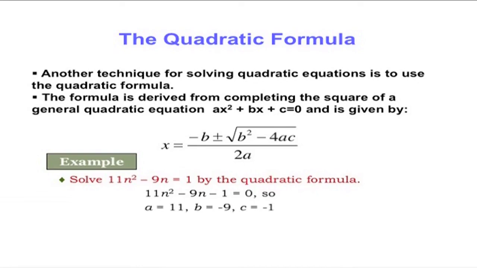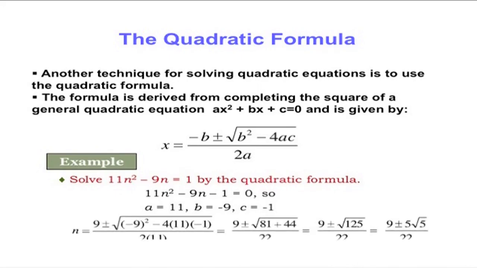So, a equal to 11, b equal to minus 9, c equal to minus 1, and n equal to 9 plus minus under root of minus 9 square minus 4 into 11 into minus 1 upon 2 multiplied by 11.